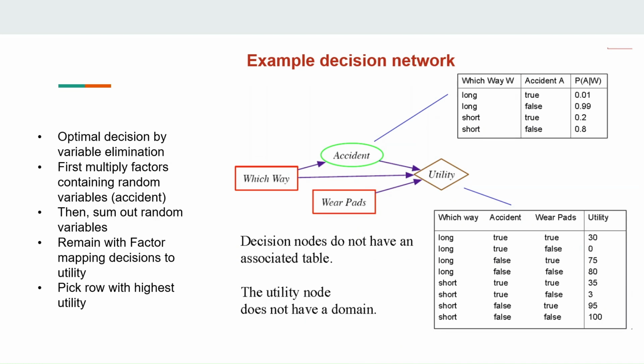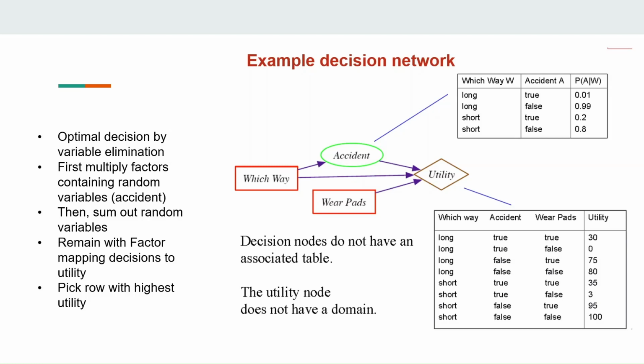Now, what's interesting is there are no distributions for the decision nodes. That's just whatever, basically. But for the random variables, there is a distribution. And again, we can use variable elimination here, which is we just construct this. Now, there is also another table for the utility that's not included here.